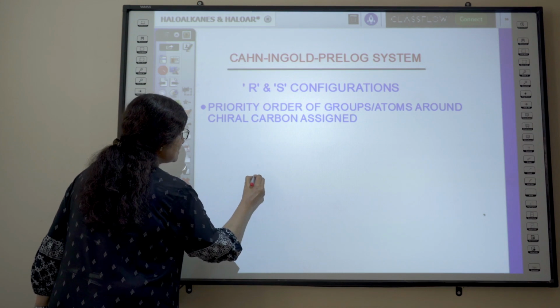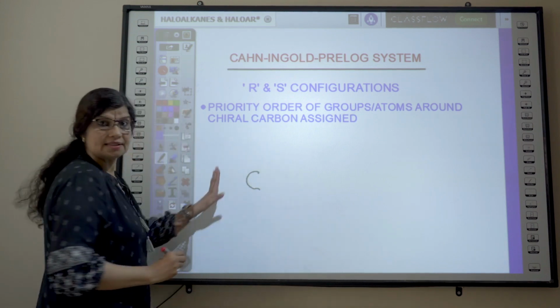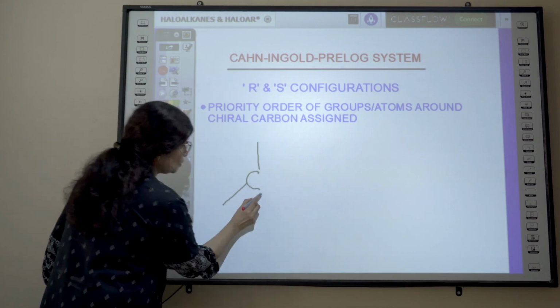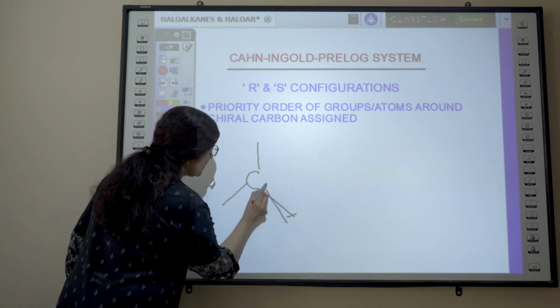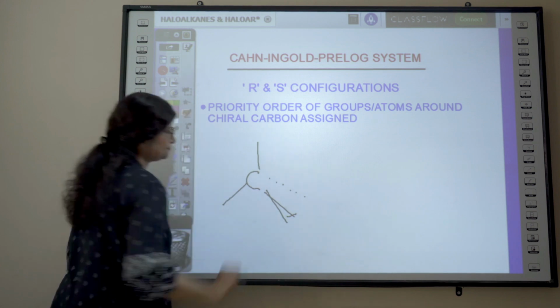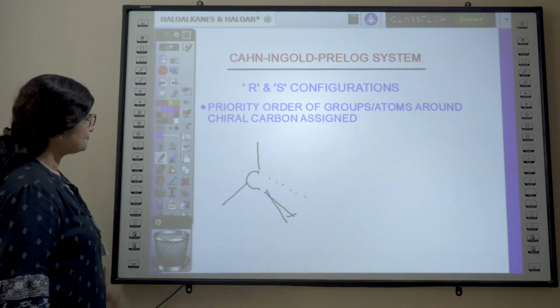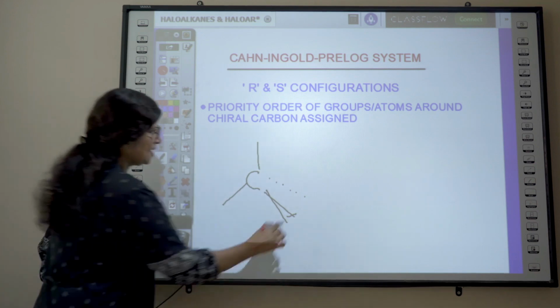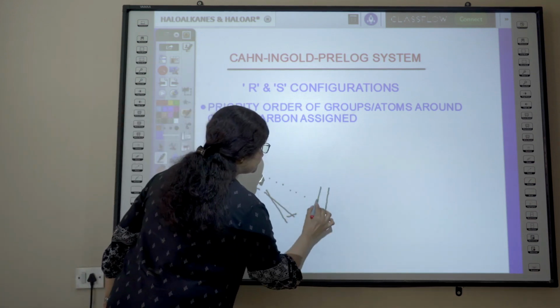Let's do an example. Let me write a representation here. This is our chiral carbon. Now these are the two solid lines. This is the wedge and this is the dash. It's a rough representation. Now let me place groups around the carbon atom. Let this be hydrogen.